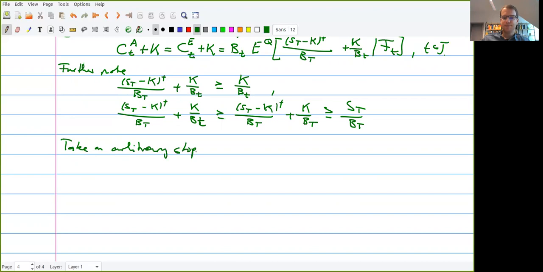I have tau in the set of stopping times, and I want tau to be at least t and smaller than capital T. So what do we get here?